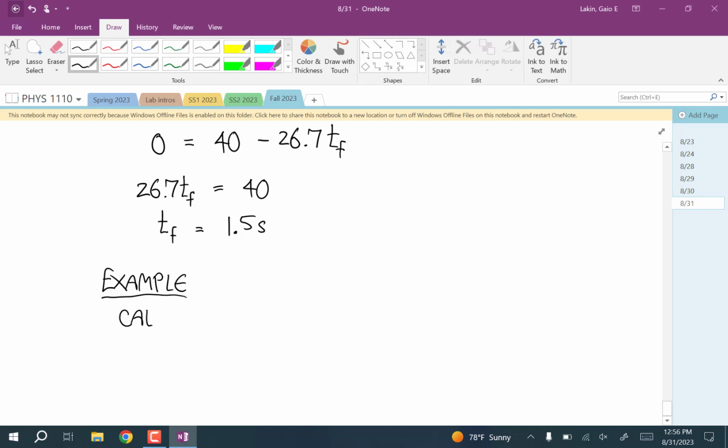So this time, we'll just do it for acceleration. Calculate the acceleration in the problem above.